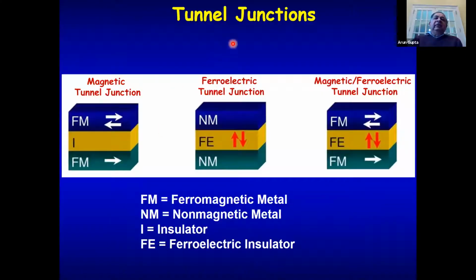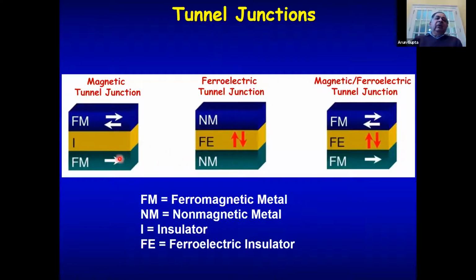One such type of device are what I refer to as tunnel junctions, where we have two ferromagnetic electrodes similar to what I showed you in the previous slide, separated by a very thin insulating layer. By changing the magnetization of one of these ferromagnetic electrodes, we can change the resistance of this device and hence make different memory states.